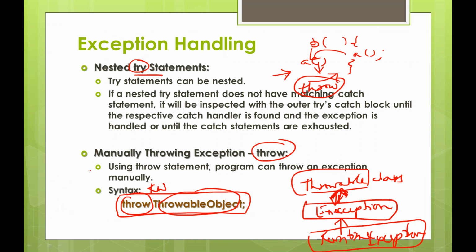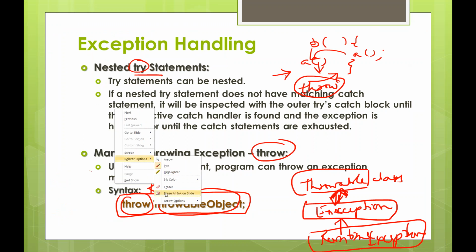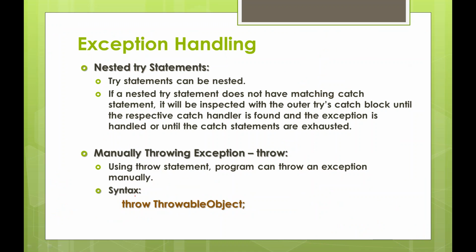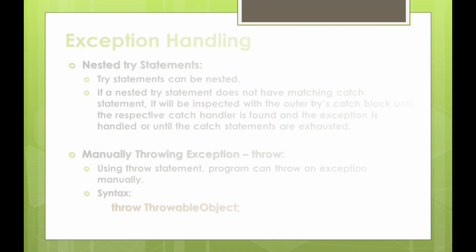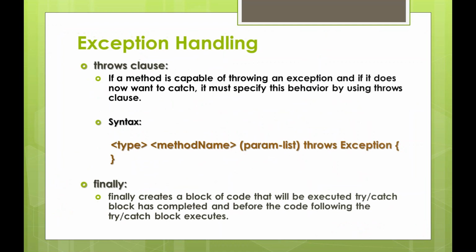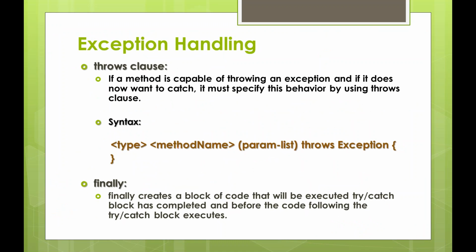So that is how we use try catch, throw and throws clause, and finally we have the finally block. What we were discussing with respect to the finally block: say for example you have some open objects, like connection objects, or you have opened a file.